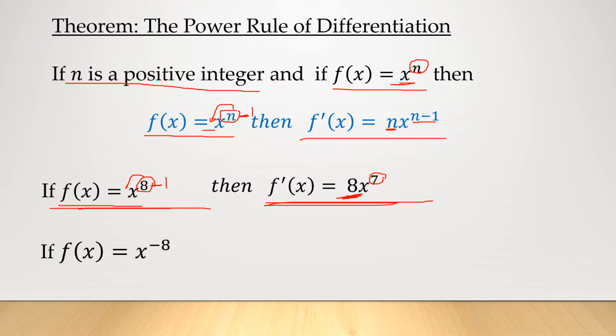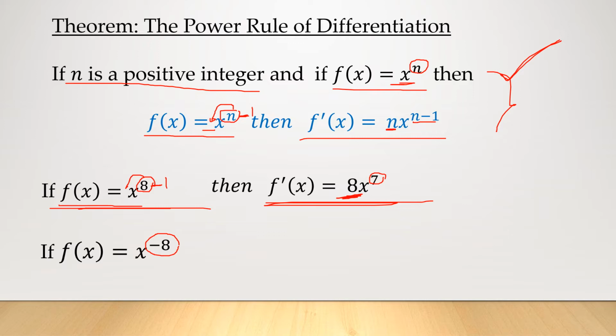Another example, what if the exponent is negative? The theorem is the same, and we do the same thing, although n now is a negative integer.